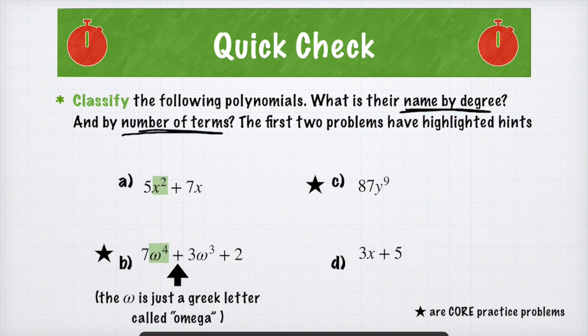You'll have to find the degree, figure out its name from the degree, and its name by number of terms. I want you to do that with all of them. You'll notice that B and C are starred, with B having the really weird looking letter, which is just called omega. I'll have you pause, and we'll talk a little more about this in class.